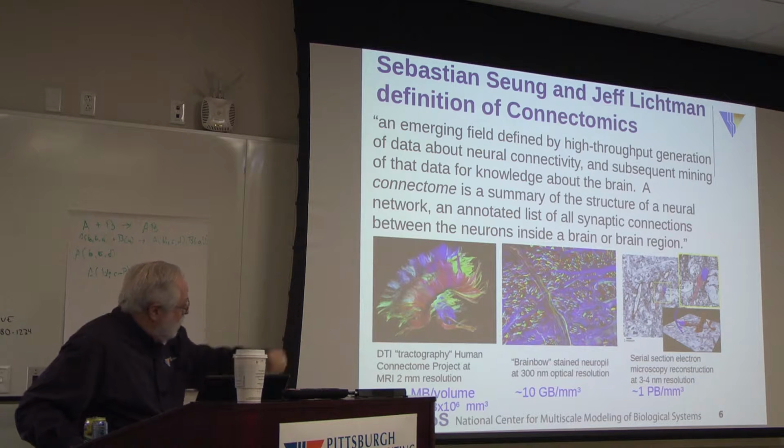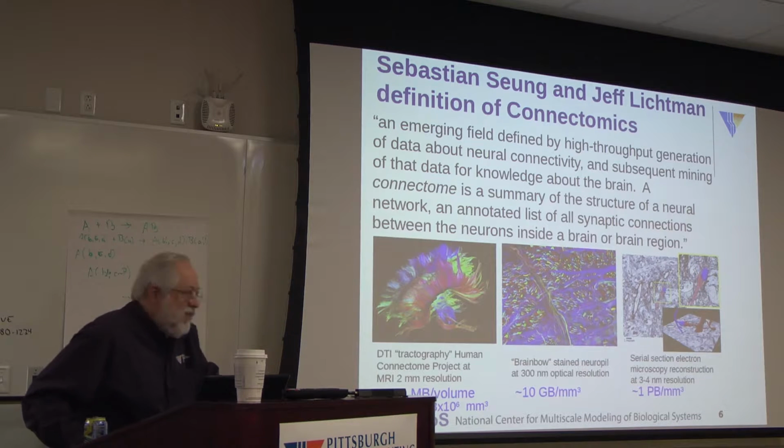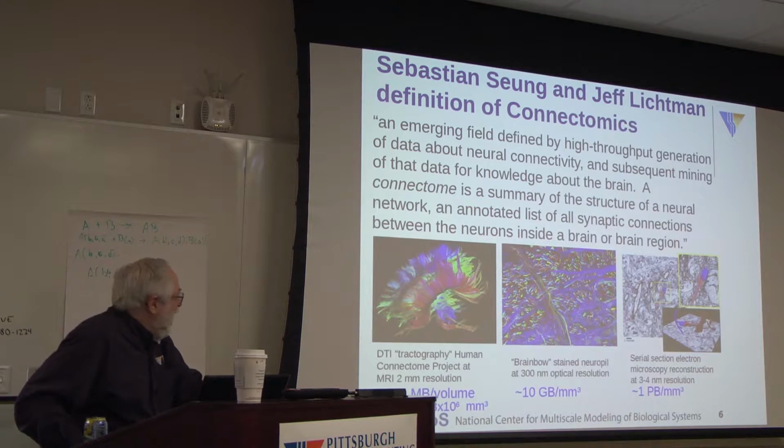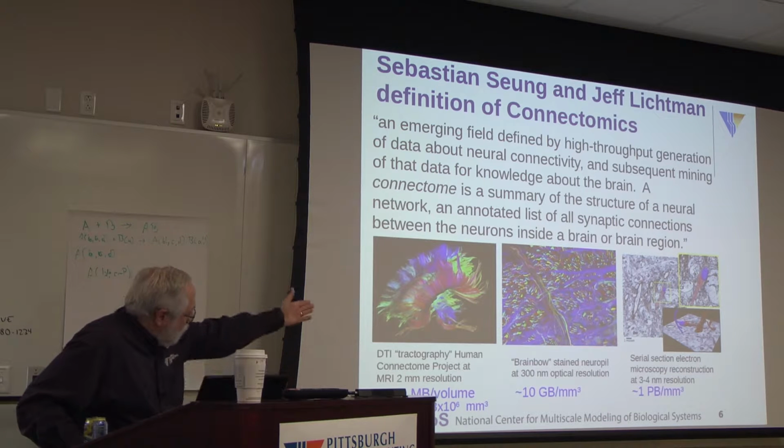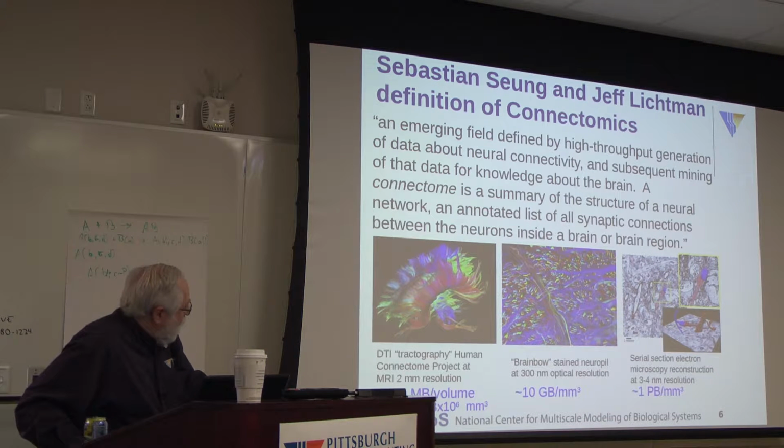The next levels of resolution, which you would not survive, and are therefore not candidates for anything except research studies, are the optical level in the middle. Brainbow is a word coined by Jeff Lichtman and team at Harvard. It gets us to a range of about 10 gigabytes per cubic millimeter.